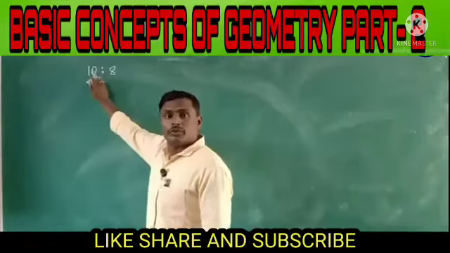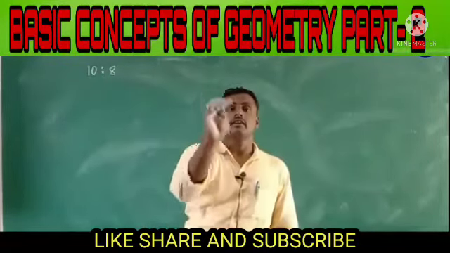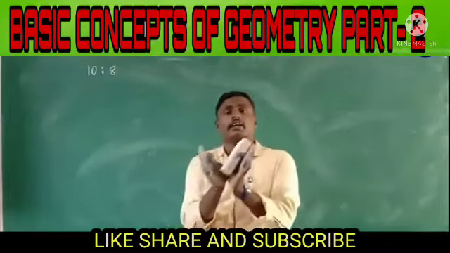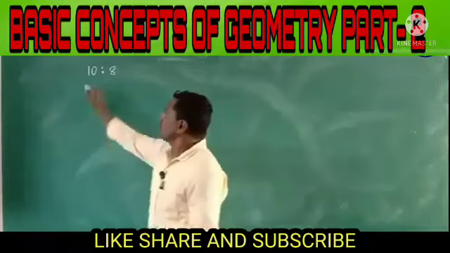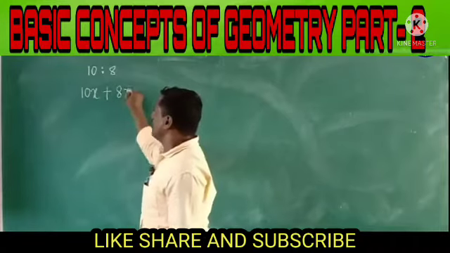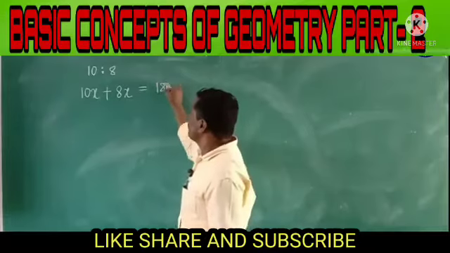So when they are given in ratios, we need to consider it as 10x and 8x, because we don't know exactly how much the angles are measuring. So consider the given angles 10x plus 8x. By adding these two, the sum of two angles is equal to 180 degrees.